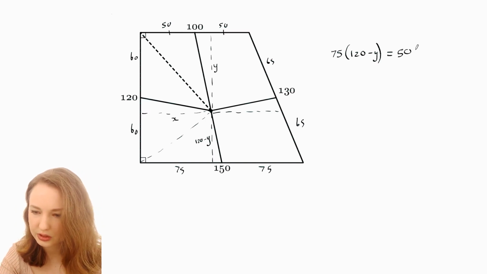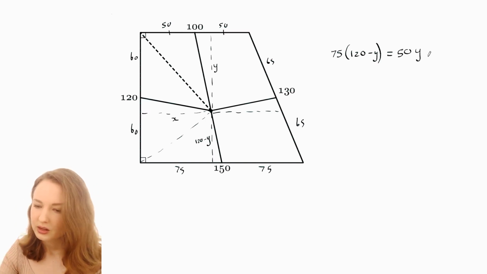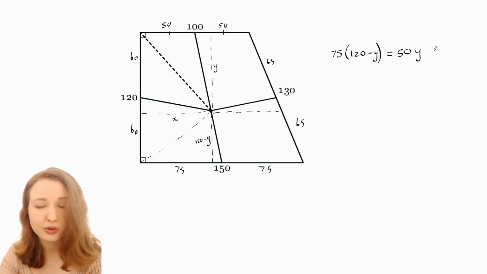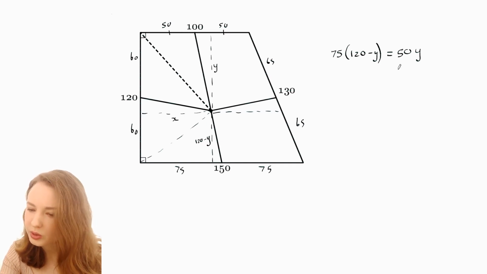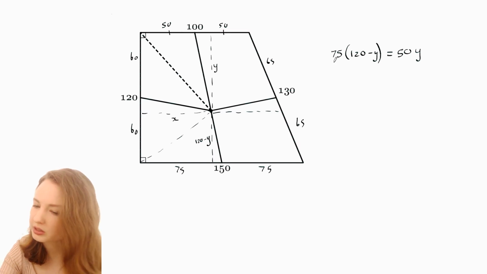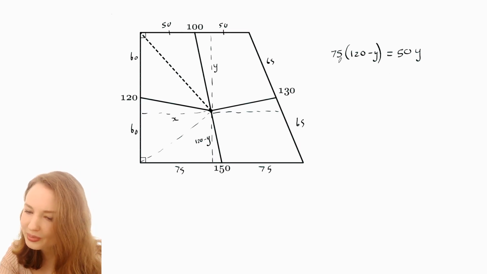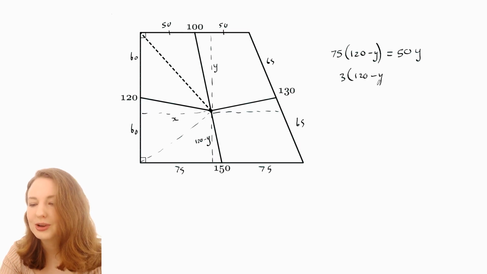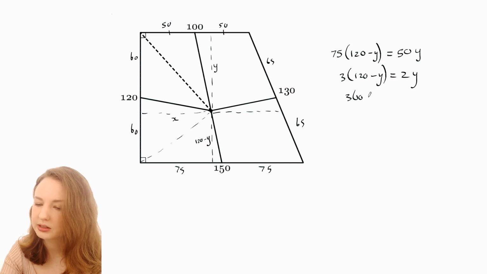So 50 times y. Okay, well, we can now solve that for y. What I would do first to make this easier is divide both sides by 25 so that we can simplify that. Otherwise, we're going to have to do that multiplication, which I don't really want to do. So that will give us 120 minus y equals 2y, and then we can expand this.